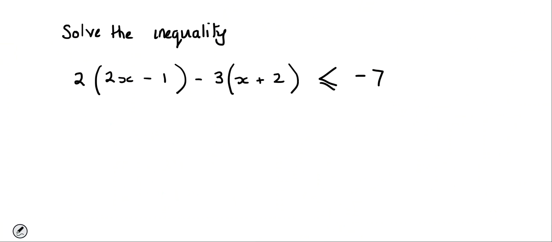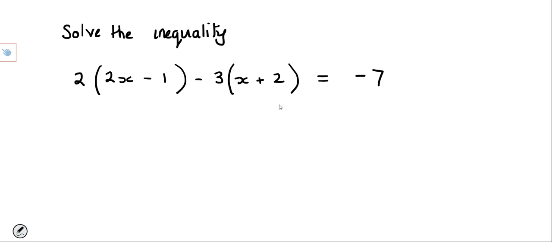Okay? So this is an example of one that you might think is a challenging algebra solve. So imagine, for instance, if I said that was just an equals sign, that would make it an equation, and you would know what to do. What are you going to do?